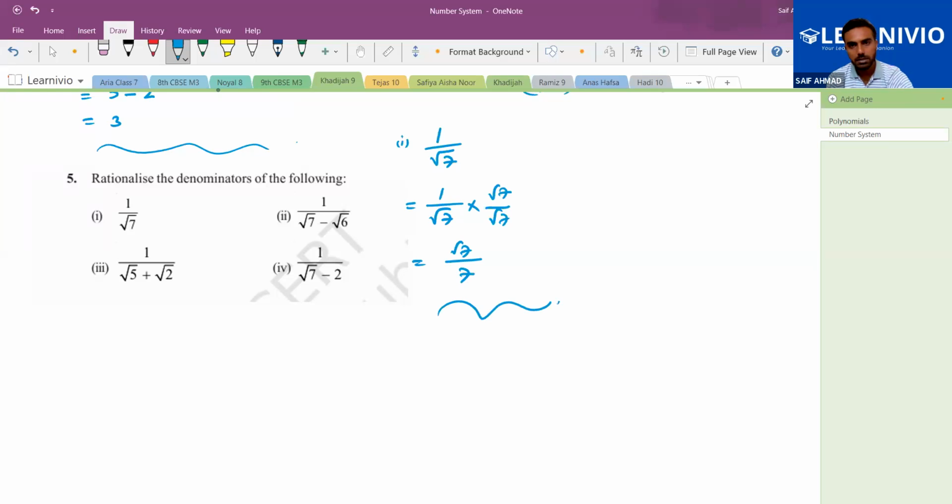Now this second one, see, 1 upon root 7 minus root 6. How can you do it? You have to multiply with its conjugate. It means the opposite sign: root 7 minus root 6, so multiply with root 7 plus root 6 in both the numerator and the denominator. Root 7 plus root 6 upon, this becomes a minus b and a plus b, which is a square minus b square.